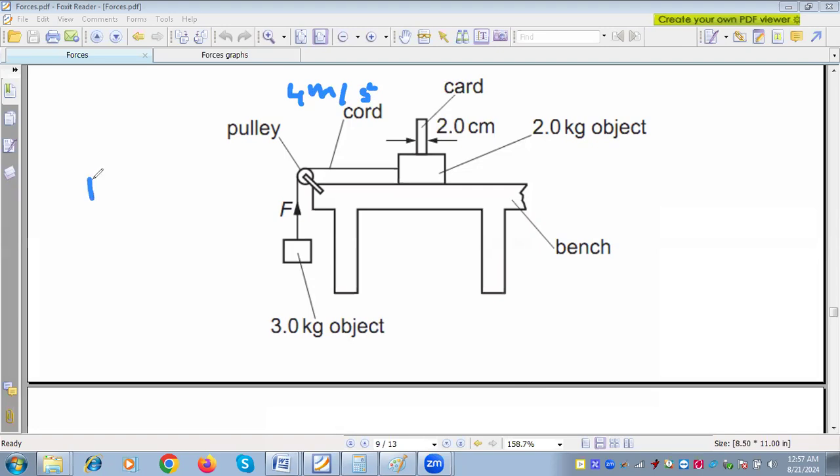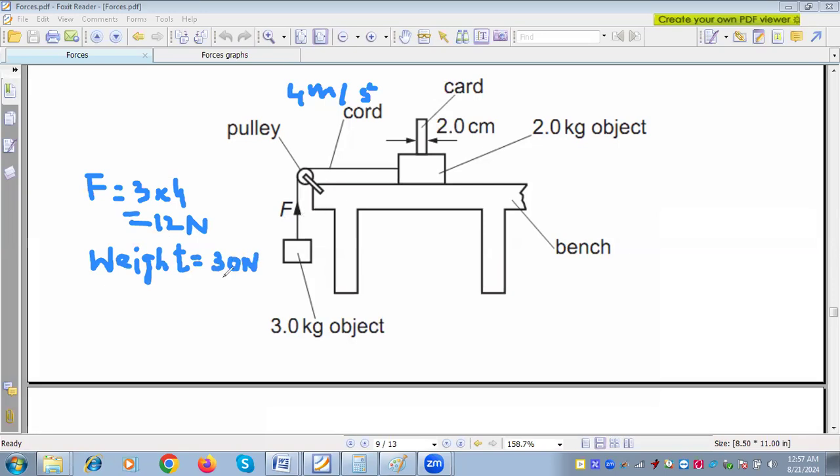It is 3 into 4, that is 12 Newton. And weight is 30 Newton in downward direction.